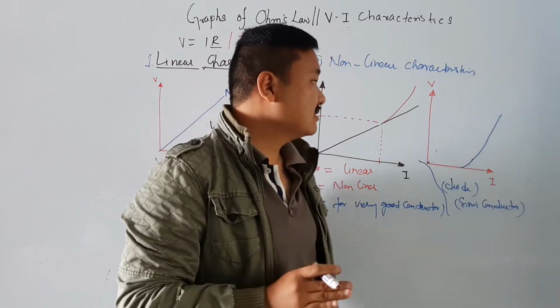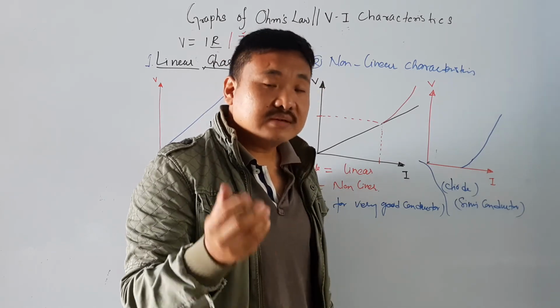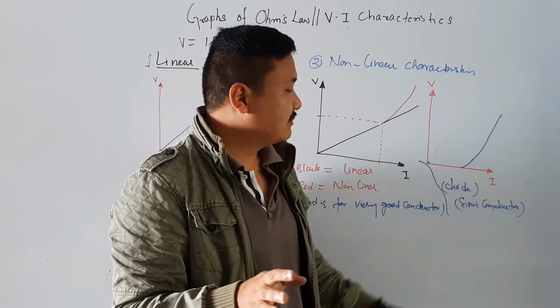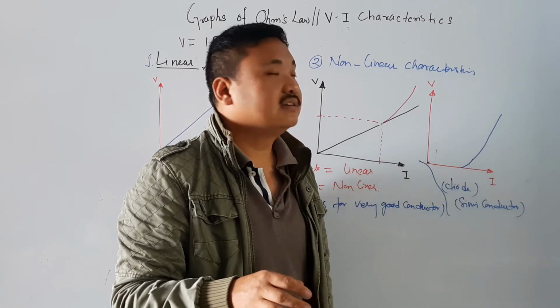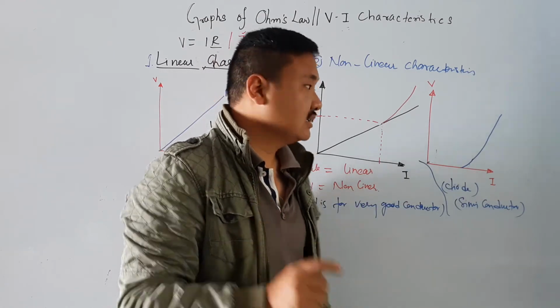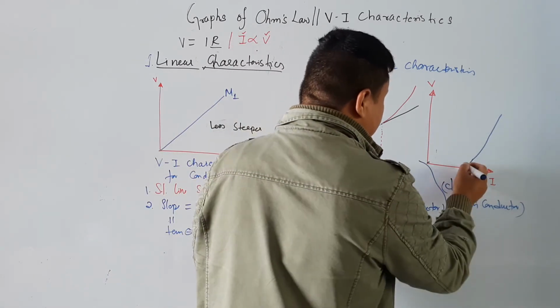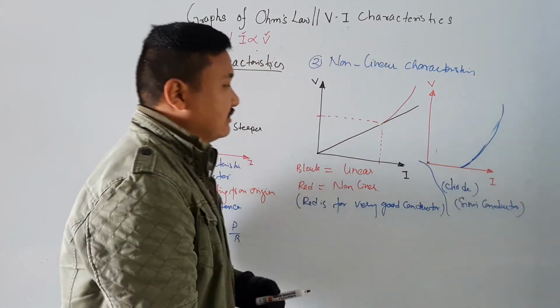And for all types of material, Ohm's law is not valid. For example, for a semiconductor, for a diode, Ohm's law does not give me a straight line. So this will give me a curve like this. This is not a linear graph.